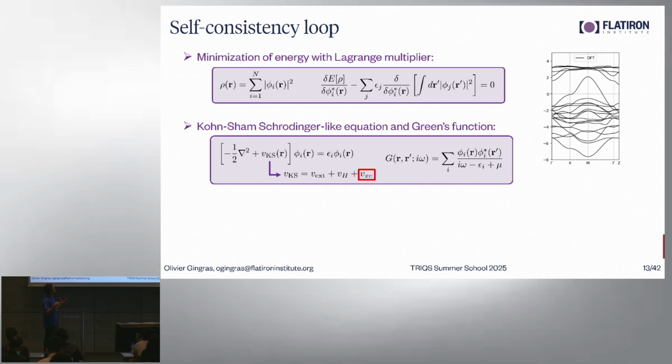DFT is not made to describe excited states. It's really just a mapping of the ground state. And so it's kind of an abuse of the method to consider these as excitations and the different energy levels of the system. It's one of the reasons why we also need to go beyond when we want to describe spectral quantities.